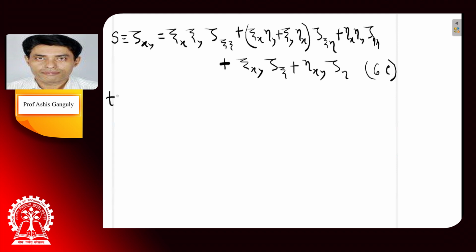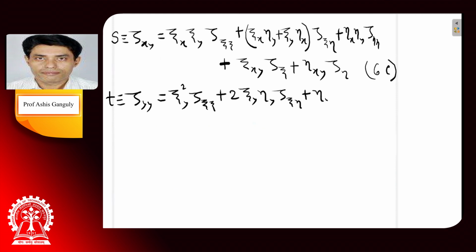And the last one is t, which is zeta yy. You can now do it with me. It will be xi y square zeta xi xi plus twice xi y eta y zeta xi eta plus eta y square zeta eta eta.